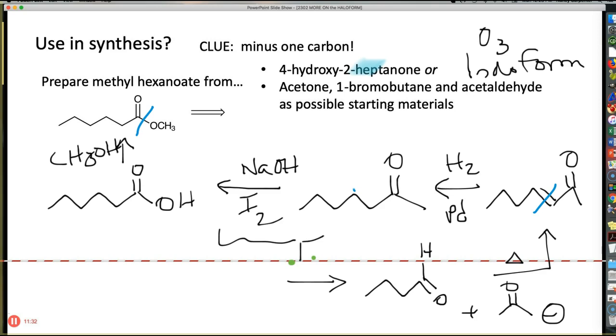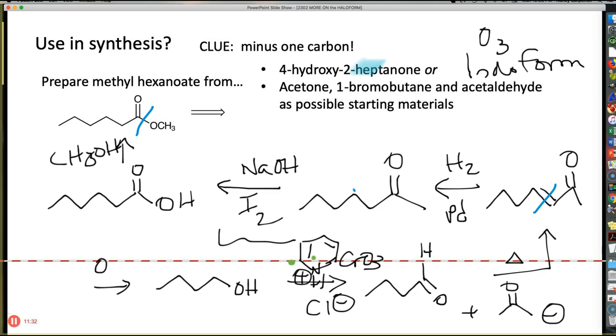So I'll do the actual structure. CrO3. There's a chlorine in there. This is a mess. You can probably hardly read it, but that's PCC. That would have come from the alcohol. And I know I can easily get to the alcohol from 1-bromobutane by nucleophilic substitution.